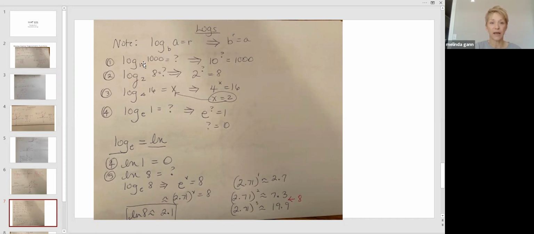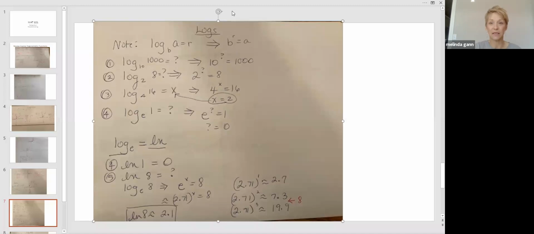So do you understand that the equivalent, this is my b, so what I'm saying is, I'm saying that 10 raised to some number gives me 1,000. So 10 raised to some number, so whatever this answer is my power over here.